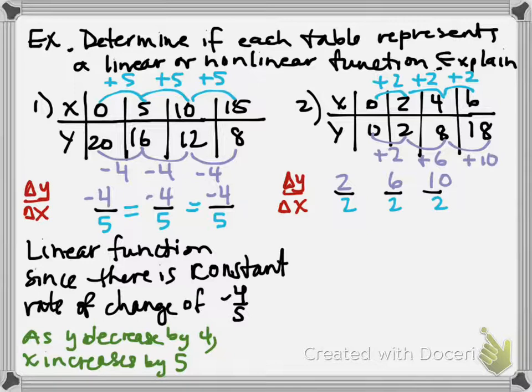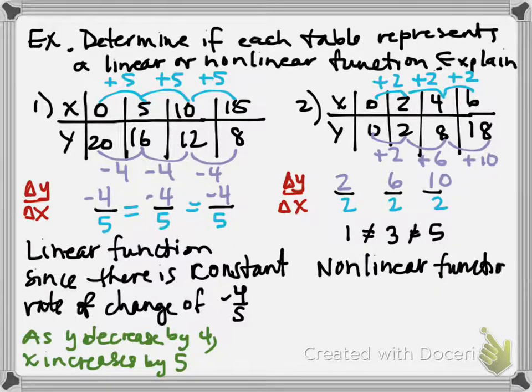So what I can do is check those all out, and that gives me 1, 3, 5. Since those are not equal to each other, we can conclude we have a nonlinear function, since there is no constant rate of change.